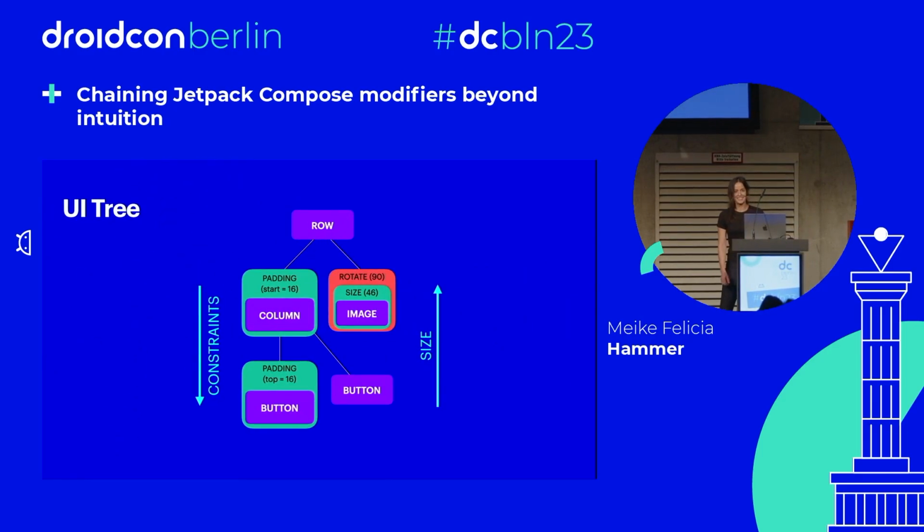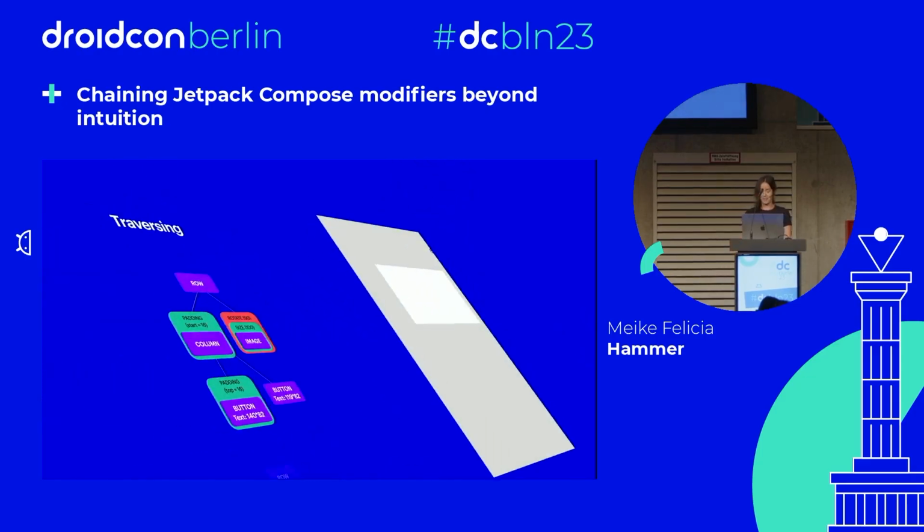It could look like this. We have a UI tree, the root node is a row, and the first leaf child is padding. The row passes our constraints to the padding, and then finally, for each leaf, the size will bubble up our tree.